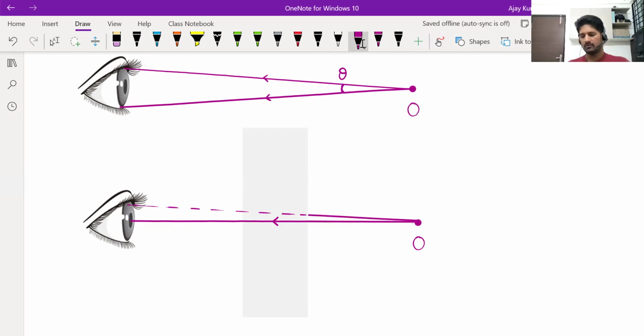Now, the second ray that we are considering enters from air into glass. When a ray enters from air into glass, that is, from a rarer medium to a denser medium, Rishi, tell me, how should it bend? When a ray enters from a rarer medium to a denser medium, how should it bend?